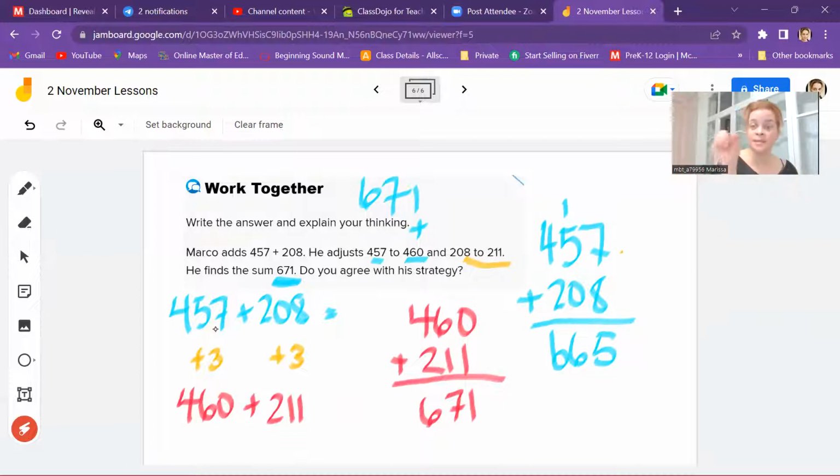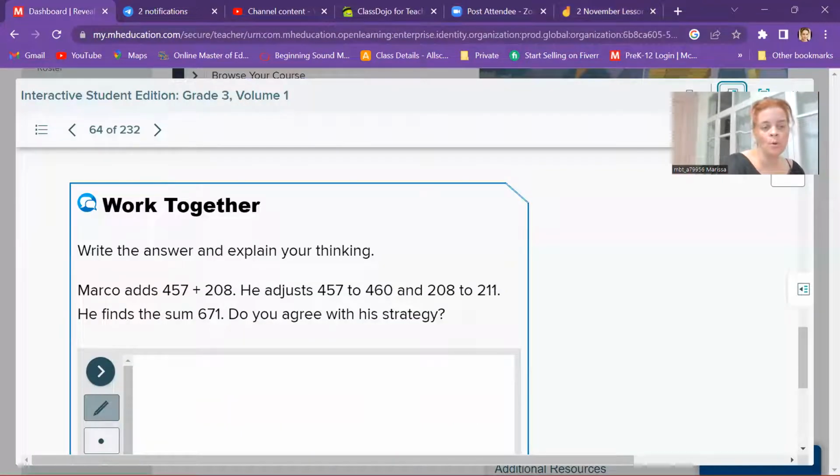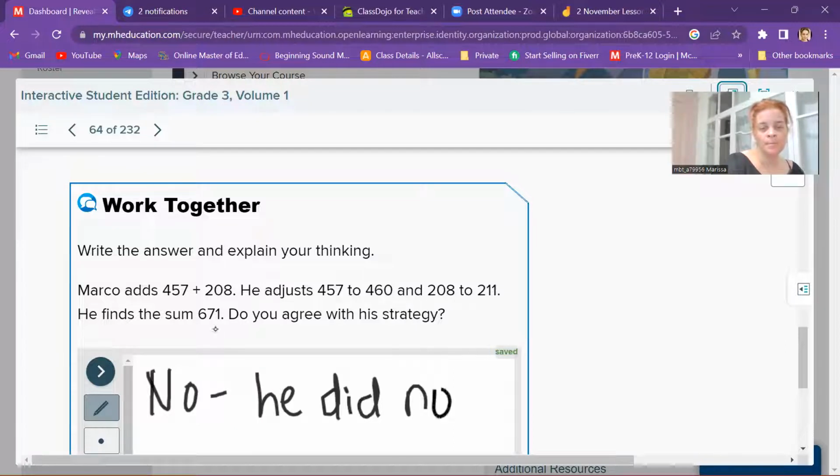No. So to make this equation better, he did not follow the rules. So do you agree with the strategy? We have to say no. He did not plus and minus to adjust.